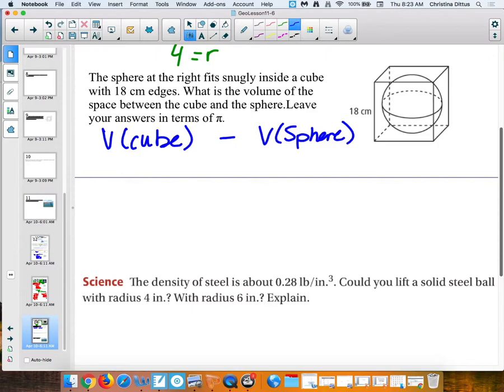How do I find the volume of a cube? Length times width times height, what are all of them? 18, so my length is 18, my width is 18, my height is 18. Or just 18 cubed. Punch it in, what do we get? 5,832.